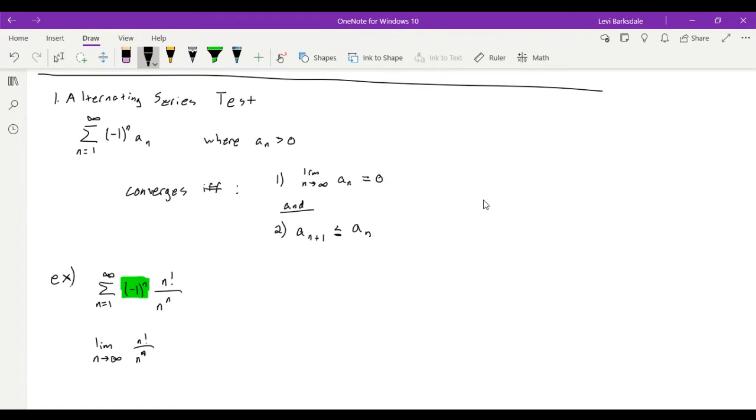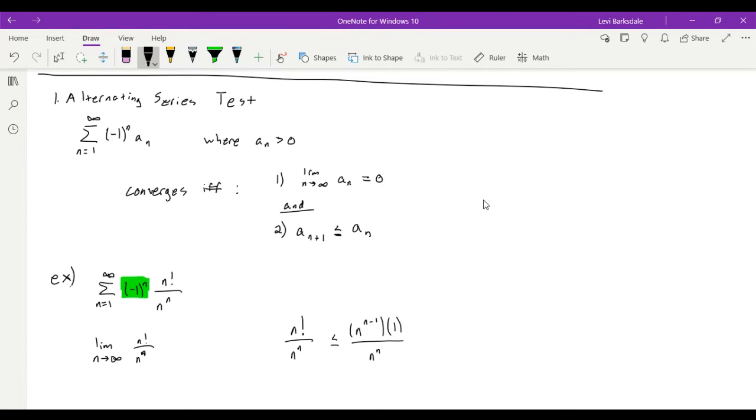is equal to 0. And what we can do is actually use a comparison and say, well, n factorial over n to the nth is always going to be less than or equal to n to the n minus 1 times 1 over n to the n.